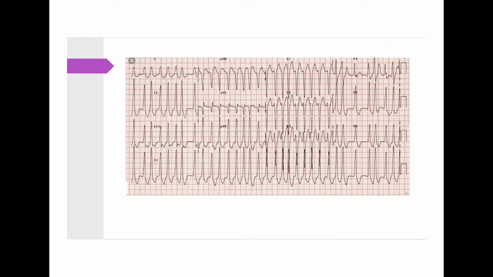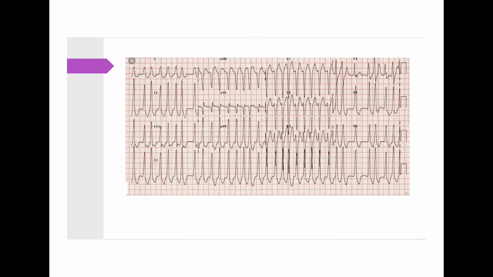And that's really dangerous because normally the AV node blocks a lot of the fast impulses that are caused by the fibrillation. If you lose that ability of the AV node to suppress those impulses because you have a bypass pathway, it can lead to really, really fast ventricular rates, which is dangerous.